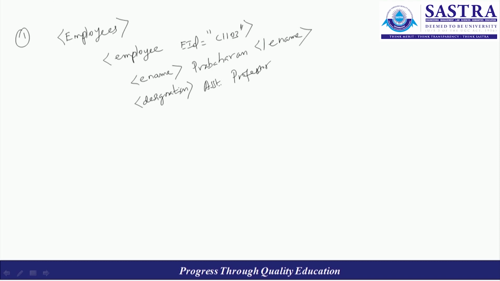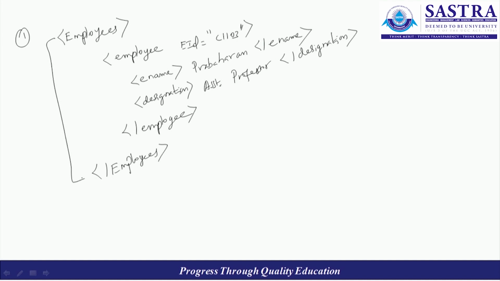Can I have a dot here? Yes, it is allowed. Closing designation. Then I am closing employee, and also I am closing employees. Look at this one, it is properly closed.